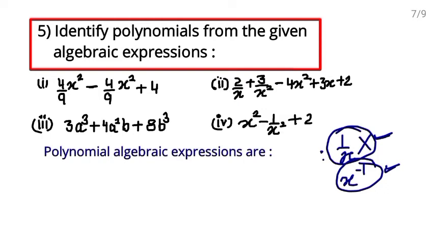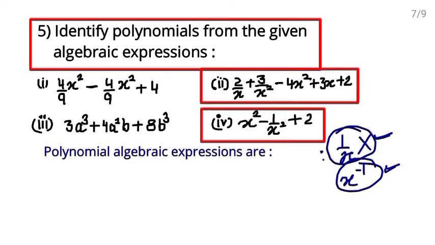Any algebraic expression having variable with negative power or variable in denominator cannot be polynomial, right? So here in this second part and in this fourth part, variables are in denominator. Variable कहाँ है? Denominator में भी आ रहे हैं, right? So these cannot be polynomial. These are polynomials, first and the third algebraic expressions.